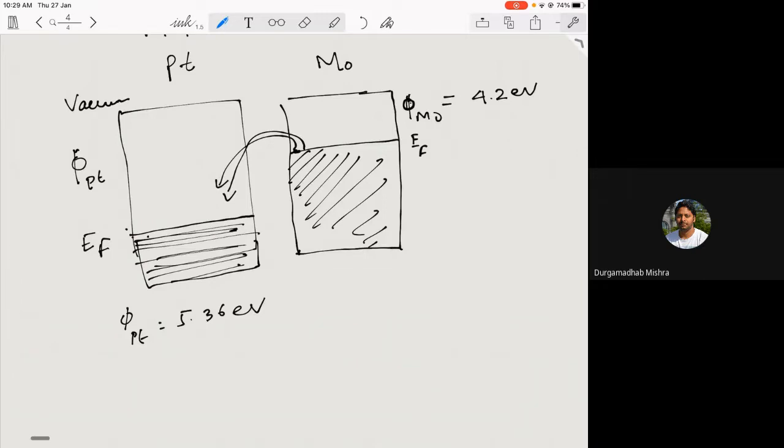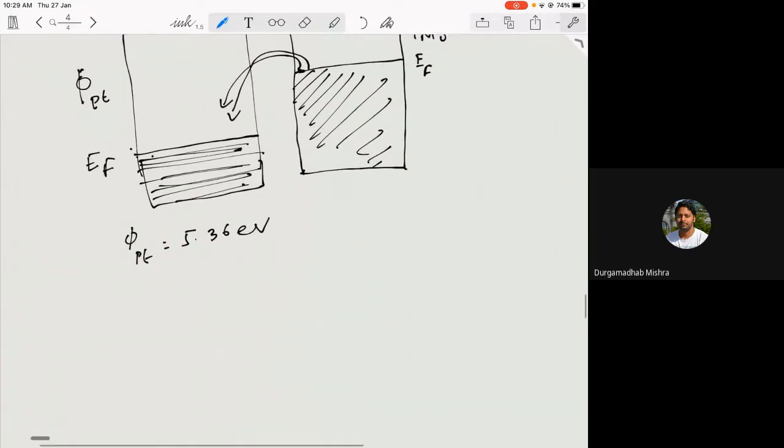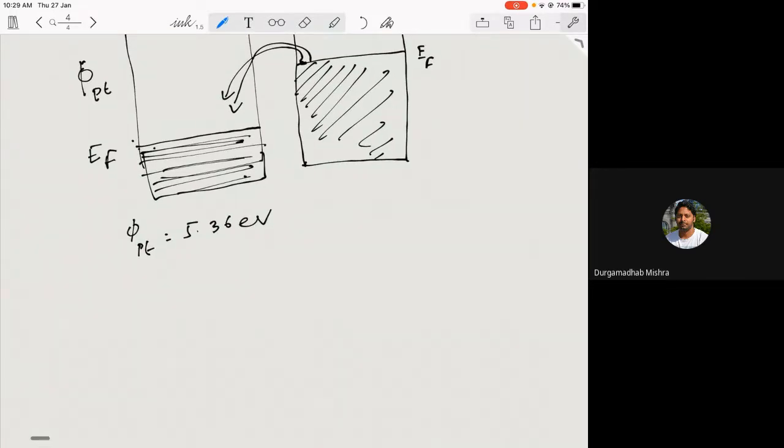There will be accumulation of electrons on the platinum side, and similarly a positive charge will build up on the molybdenum side. And why would they do that? They would do that in order to match their Fermi levels. When you make the junction, they would like to match their Fermi level.